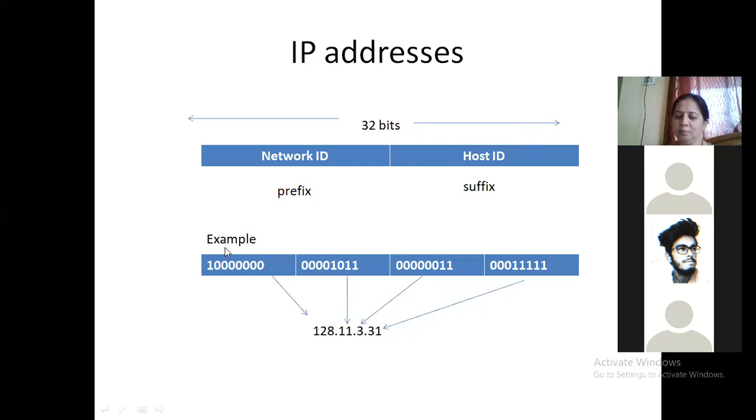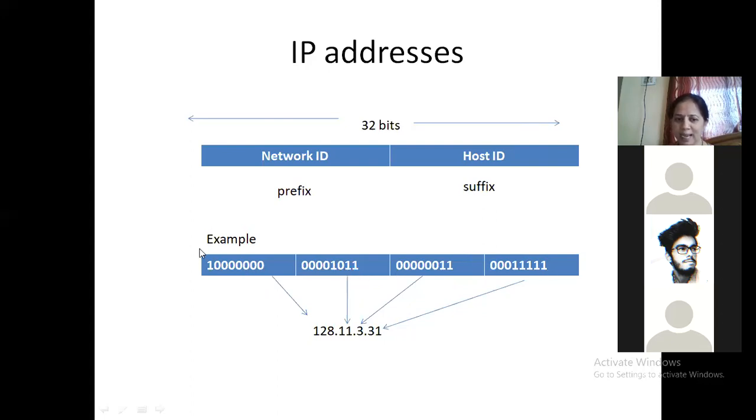You all can see in this example that this particular IP address has 32 bits. Can you see the 32 bits now? They are shown in 4 parts, but together it is a 32-bit address. For example, in the first byte, in the first 8 bits, there is a 1 with 7 zeros. In the second part, there are 4 zeros, 1 0, 1 1. Similarly, the third part and the fourth part.